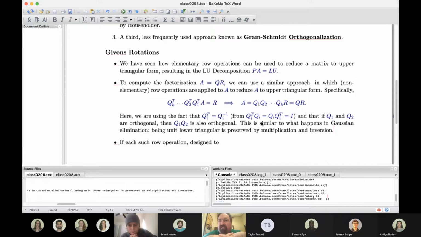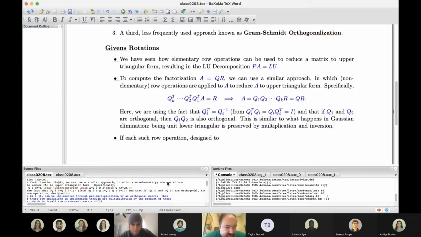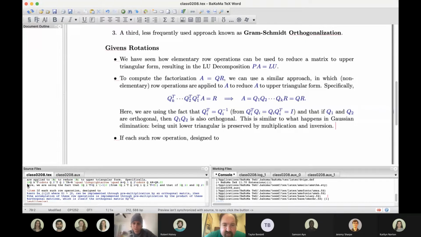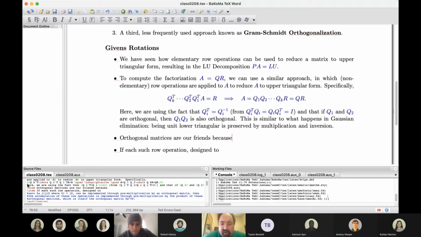Elementary row matrices, thankfully, were easy to invert too. You just had to change a sign, so that was nice. But we like orthogonal matrices for two reasons. First reason, trivial to invert, because all you're doing is taking a transpose.